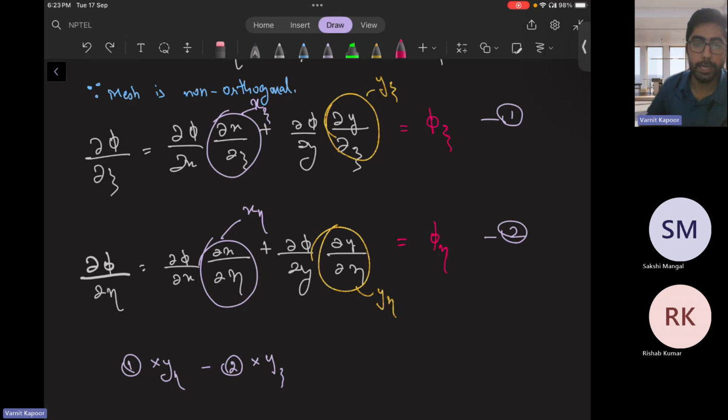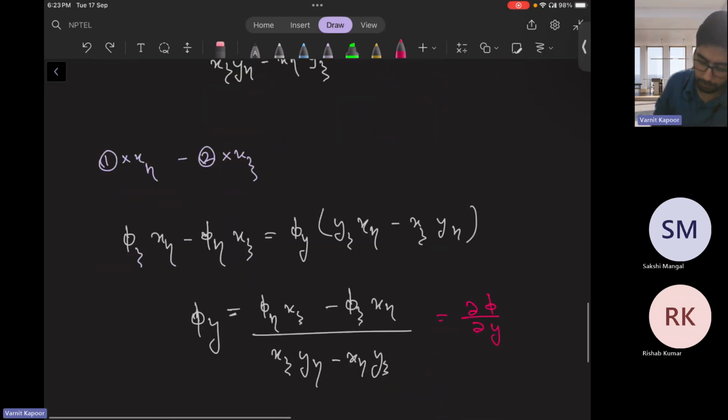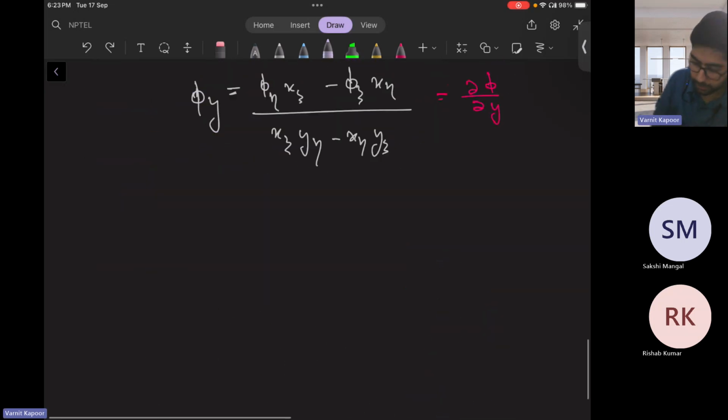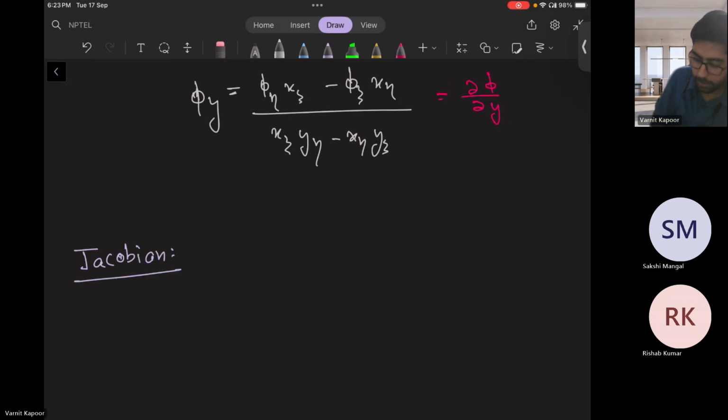Now, what is the Jacobian? We have already studied this in mathematics. The Jacobian is nothing but this denominator term, x_ζ y_η minus x_η y_ζ. This is your Jacobian.